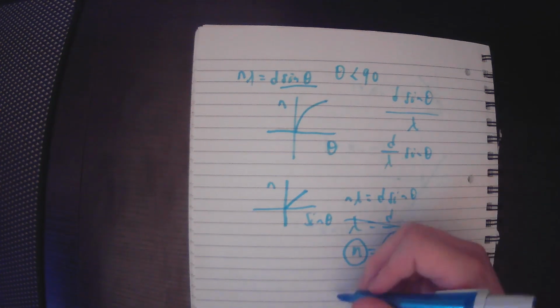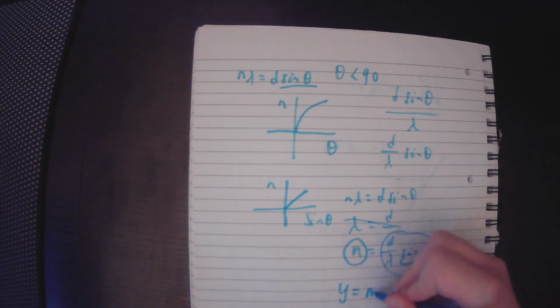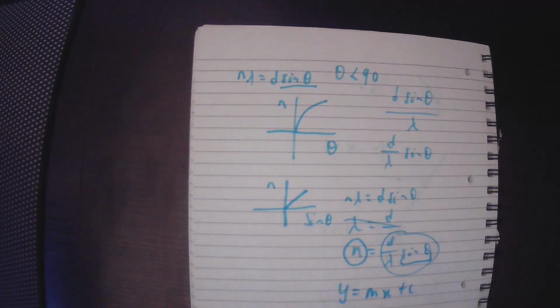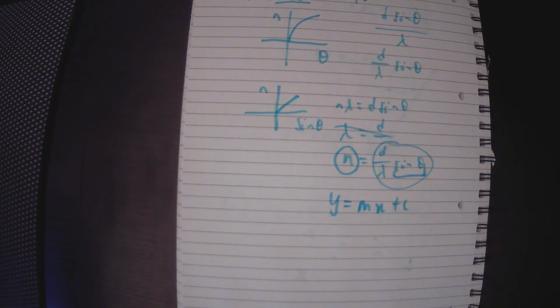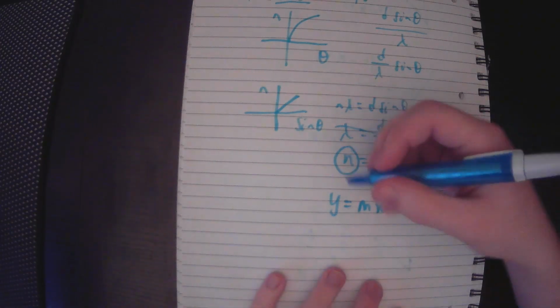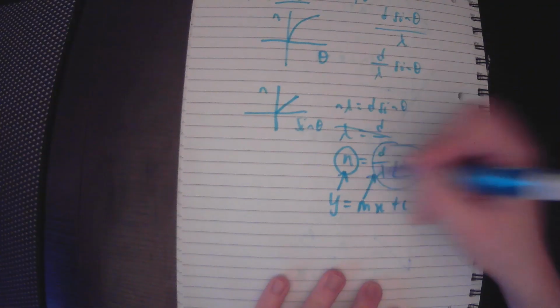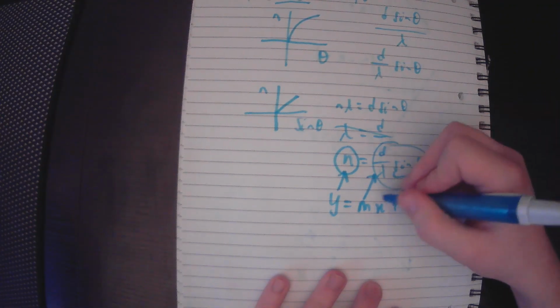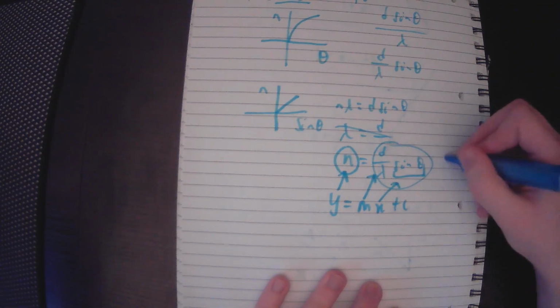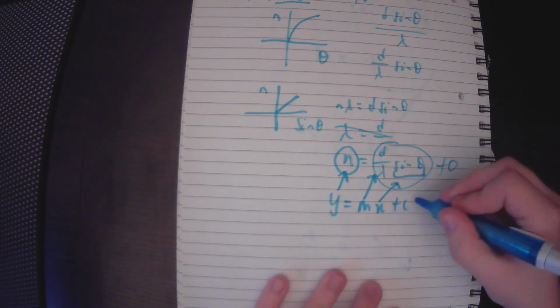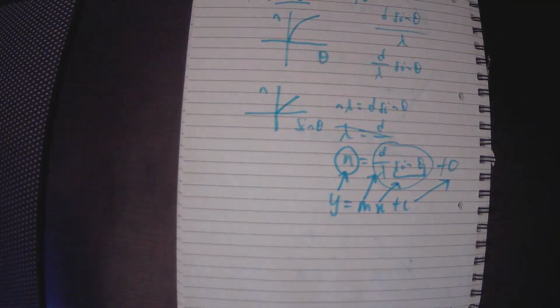So the way we can think about it is we can think about our equation of a straight line, y equals mx plus c, and we can map everything to something. So n is our y, m is d over lambda, x is sine theta, and there's no constant term here, so we can imagine that's plus 0, and plus 0 is our plus c.